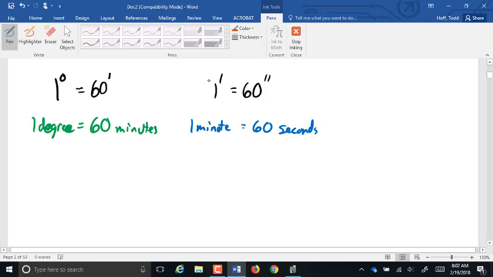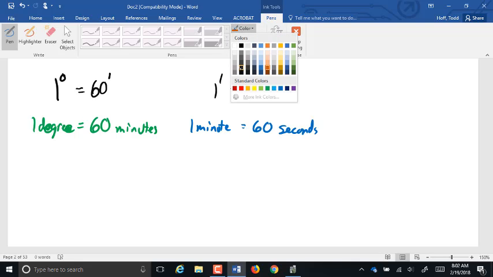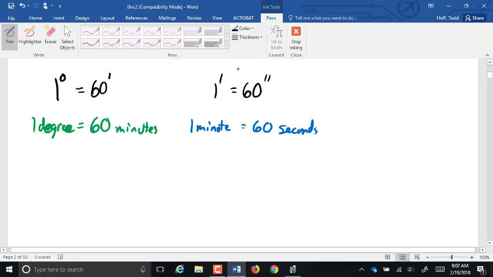So you can see you may have to be a little bit careful here. That looks very similar to feet and inches. Like I said, in real application, I very seldom see things measured down to the second. Very, very seldom. So usually that involves lasers to get it measured that precisely.